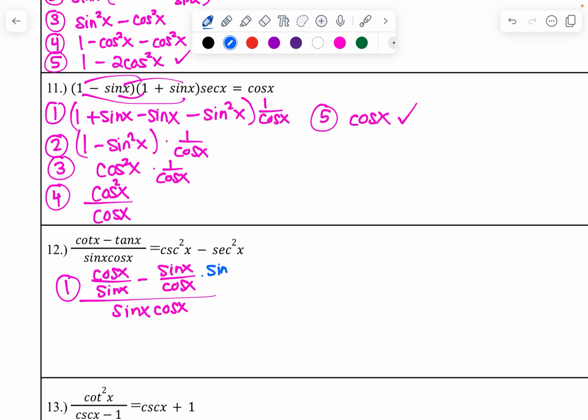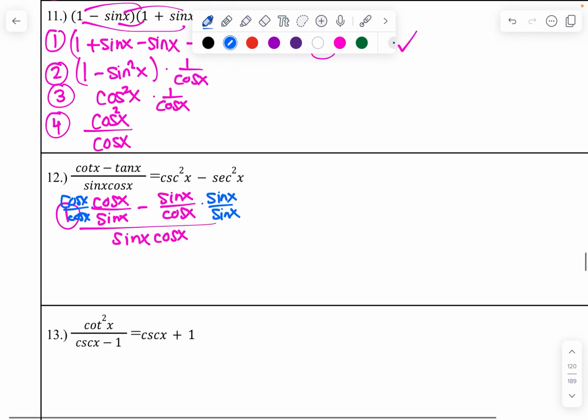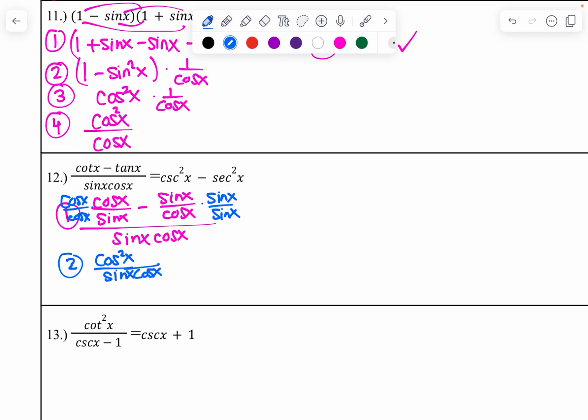I'm going to multiply this one by sine of x over sine of x, this one by cosine of x over cosine of x, so that I've got cosine squared x over sine of x times cosine of x minus sine squared of x over sine of x cosine of x, over that denominator sine of x cosine of x.